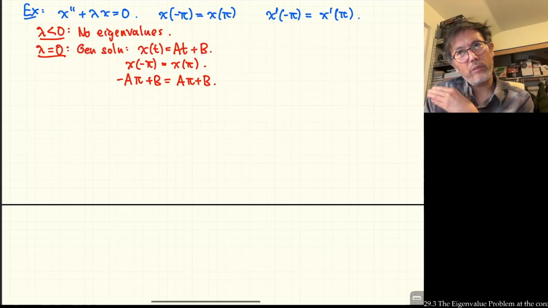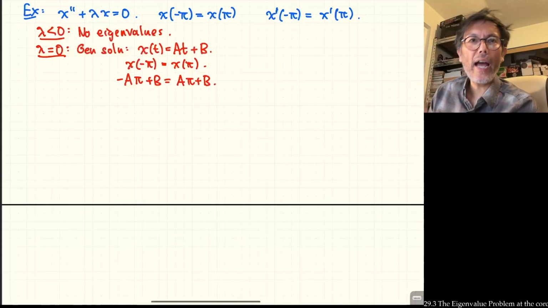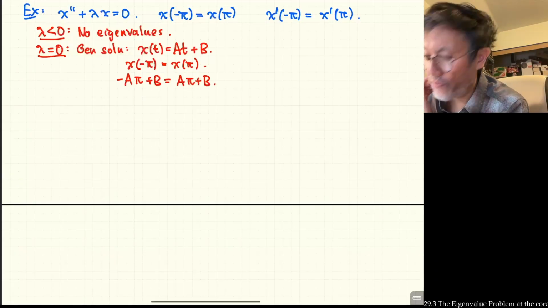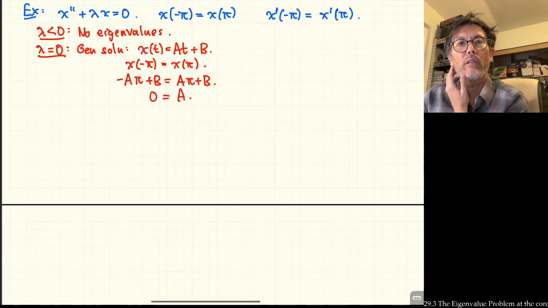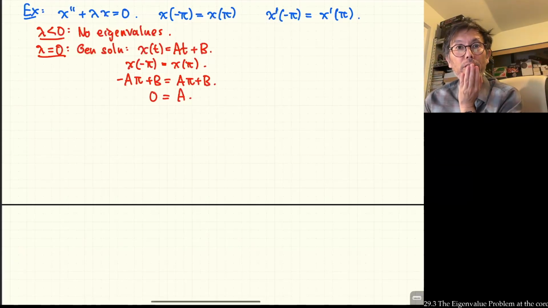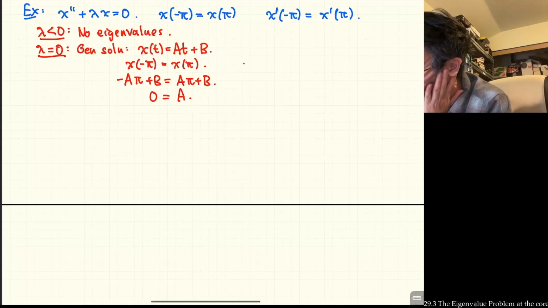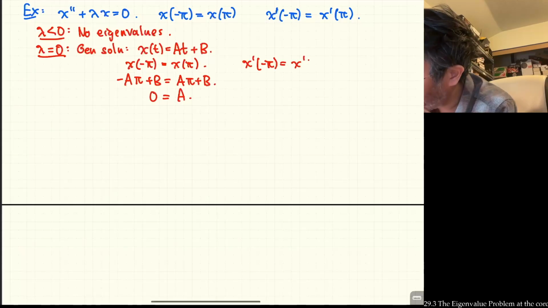Okay? So now subtract b from both sides, add a pi to both sides, divide by 2 pi, and we learn that a must be 0. Okay? That's good. Now, what does the second one say? Well, x prime of negative pi is equal to x prime of pi.